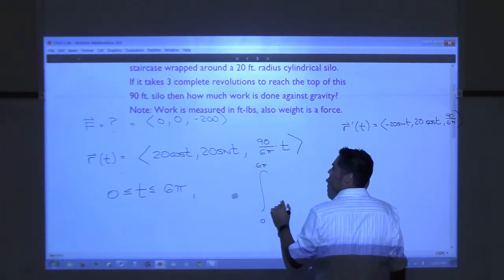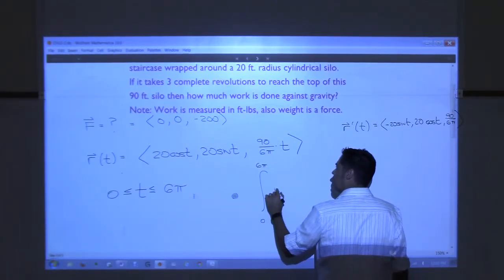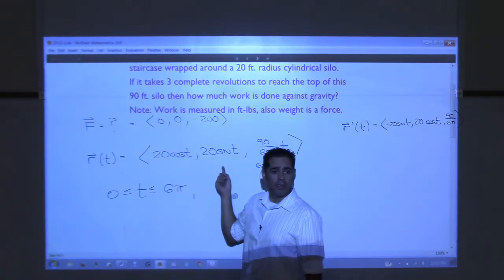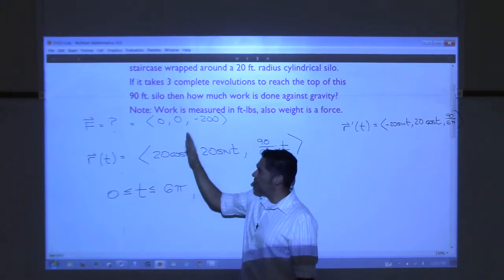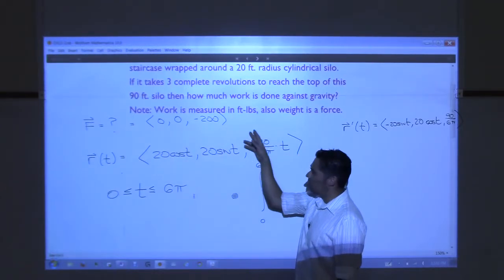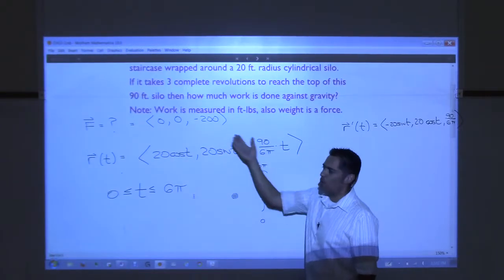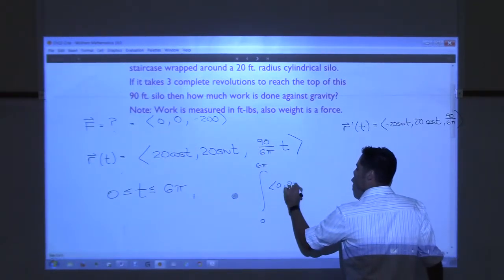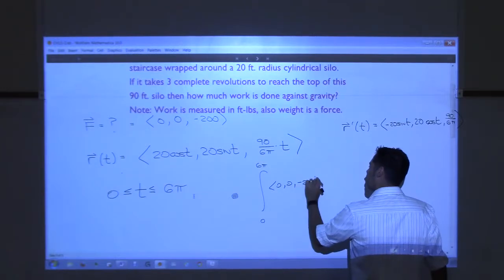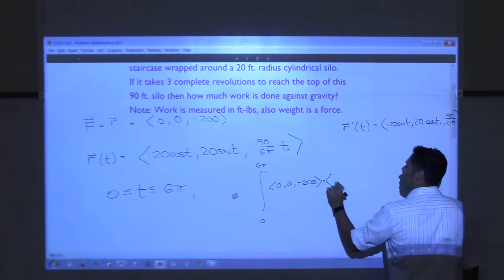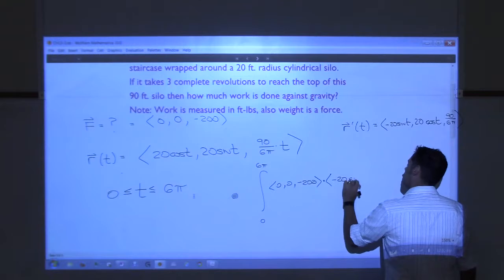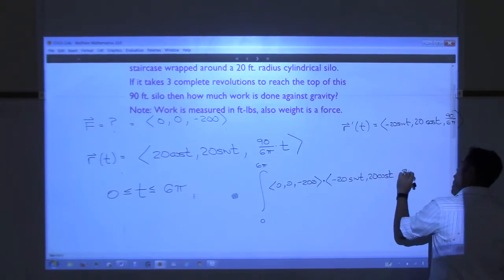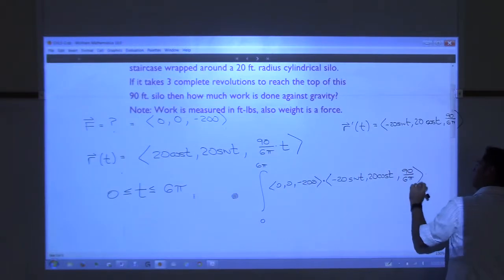It should be the vector field evaluated along the curve. So that means we're going to replace x's with this, y's with this, and z's with this, right? But there are no x's and y's and z's. So 0, 0, negative 200, dotted with negative 20 sine t, 20 cosine t, and then 90 over 6 pi dt.